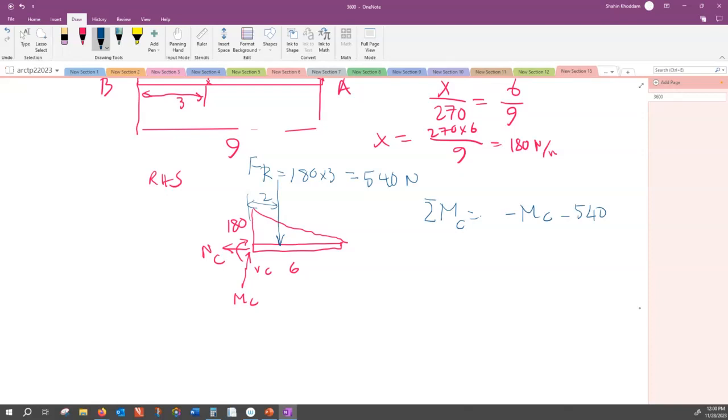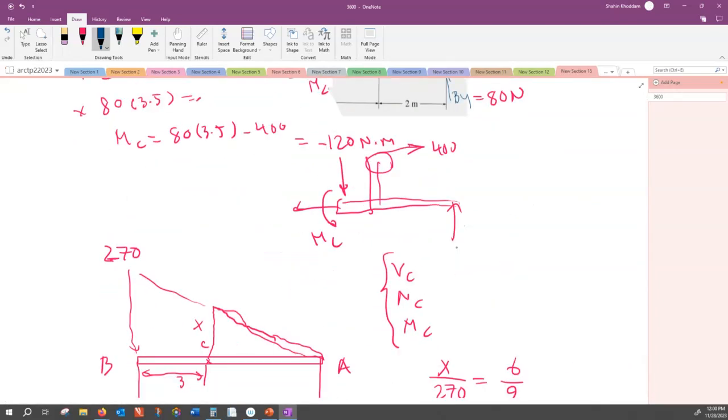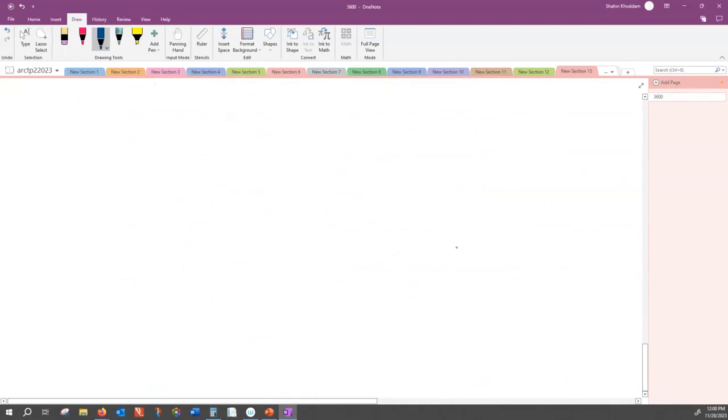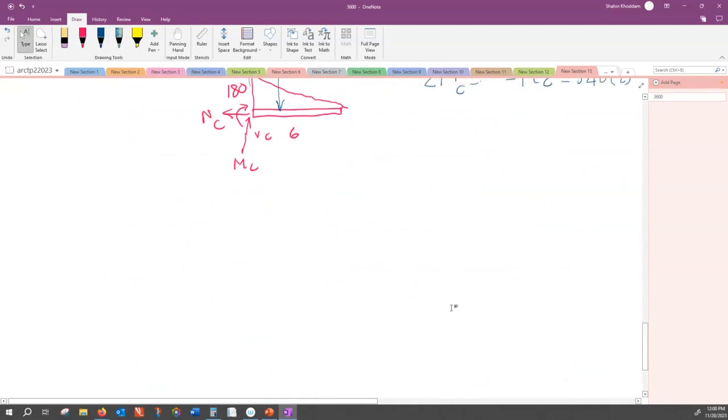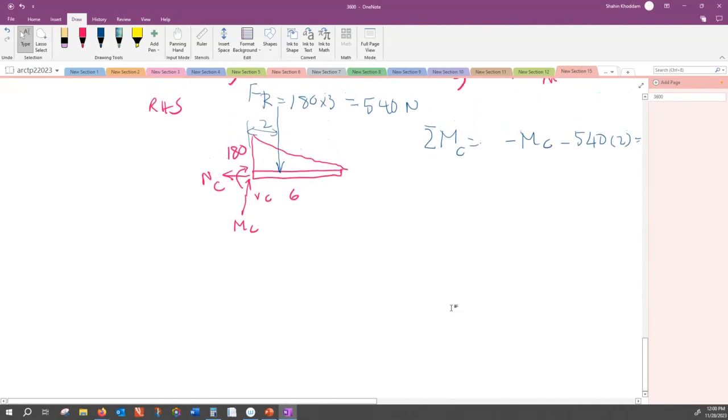Arm of rotation is 2, and that is all you have. So it's telling me that MC is 1080 negative Newton meter. So that is telling me the beam at this point is crying.